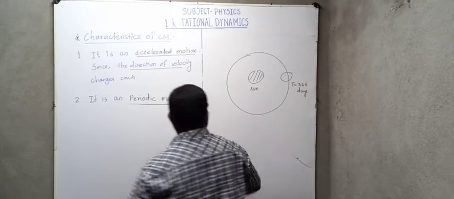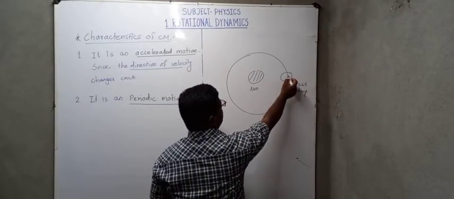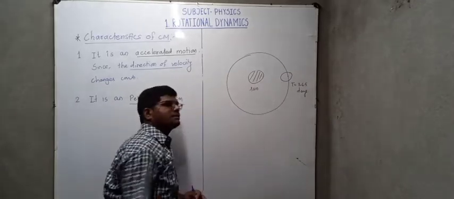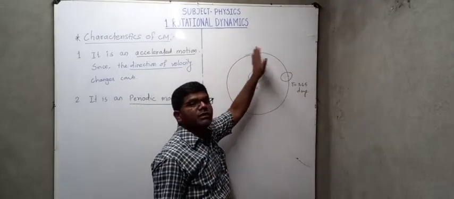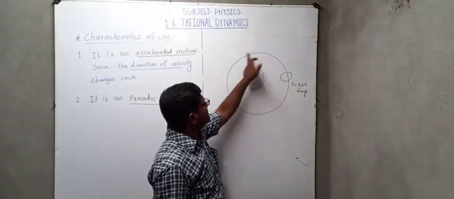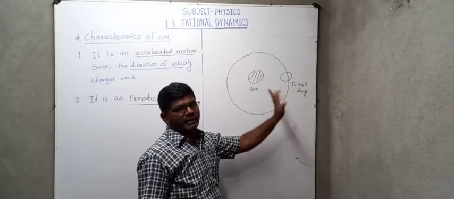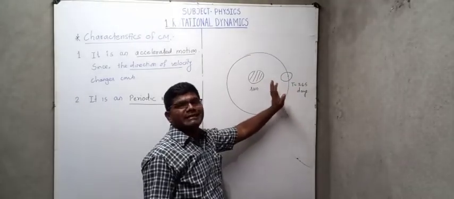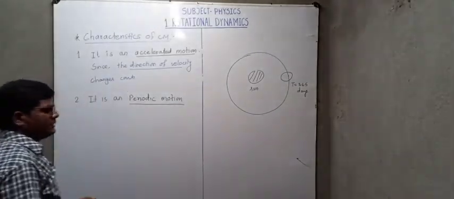Okay, now suppose instead of the Earth we take a particle which performs circular motion. Now after time interval t, this particle repeats the same path. So circular motion is a periodic motion.